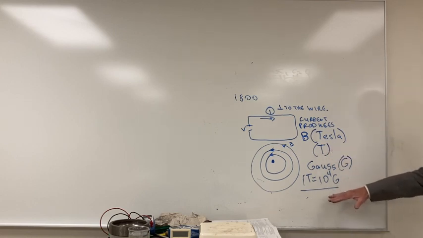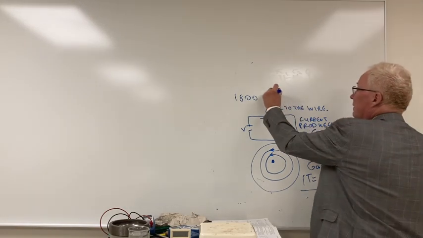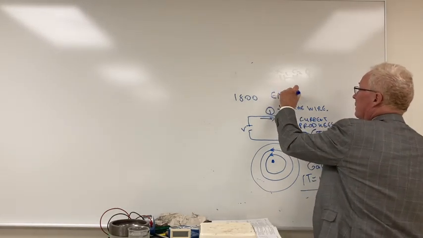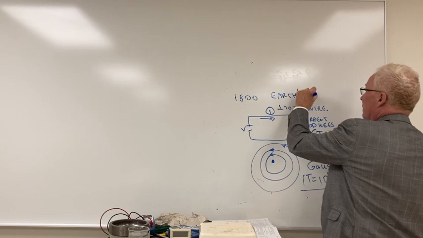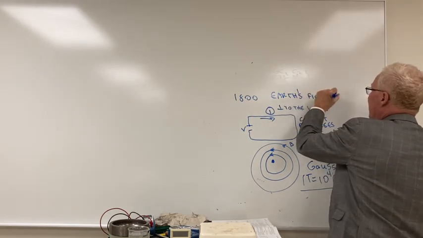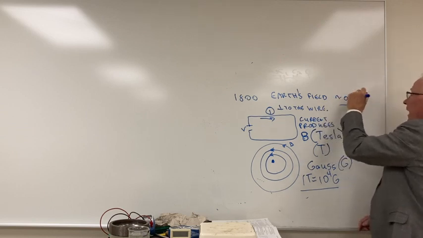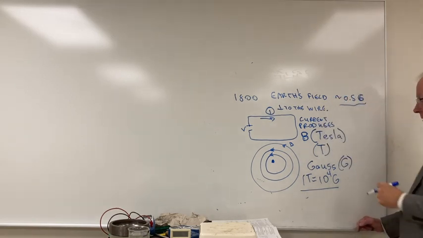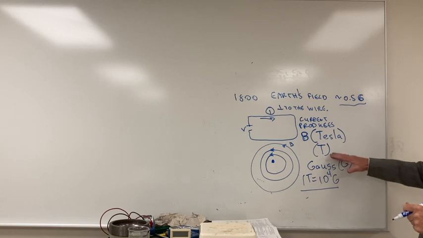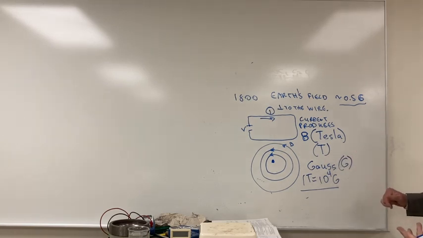The Gauss is a smaller one because the Earth's field is about 0.5 Gauss, about half a Gauss. So a Tesla is actually a very large magnetic field. It's extremely large.